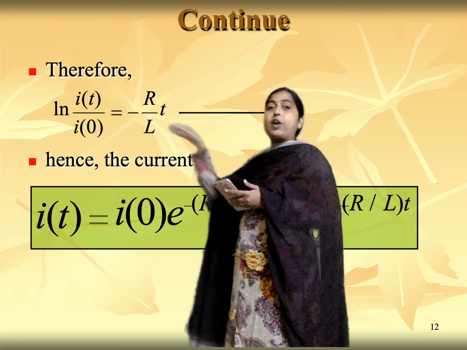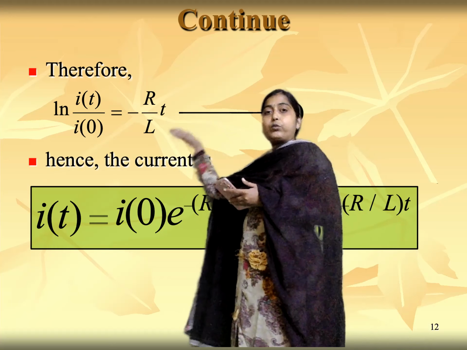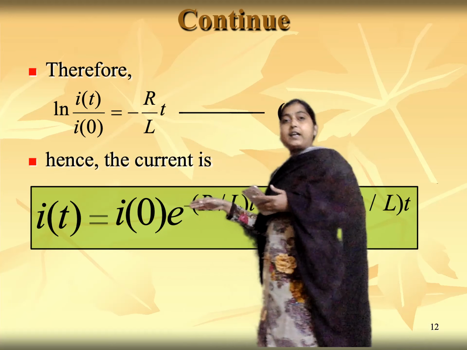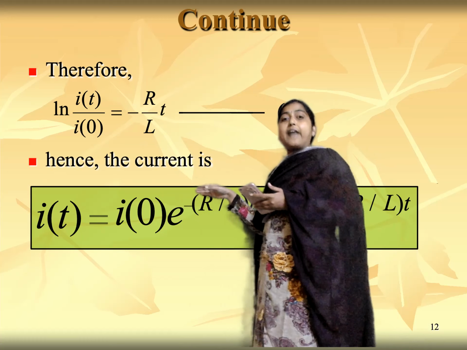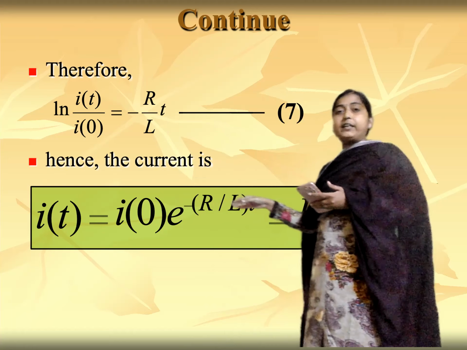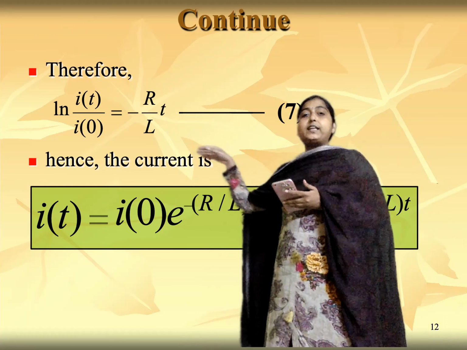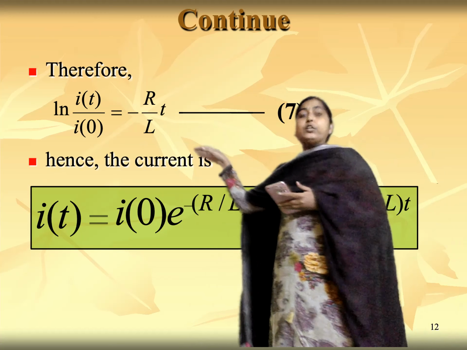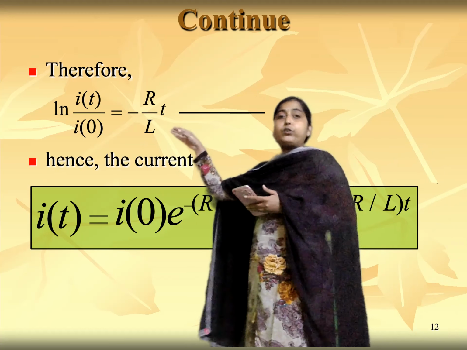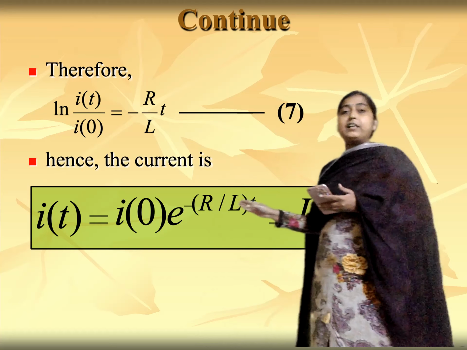If you want to remove the ln on both sides, you need to take the exponential. If I take the exponential, then I am going to get I of t by I naught is equal to e to the power minus R by L into t.